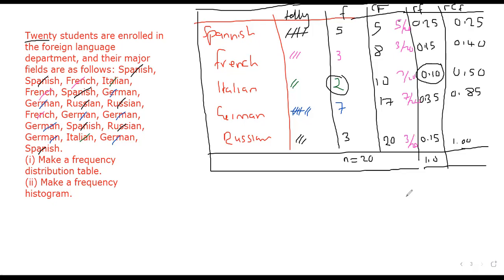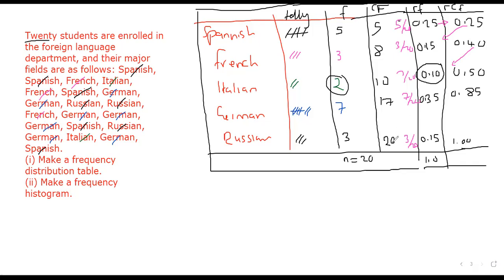Okay, maybe just go through how to do the relative cumulative frequency again. You can do it in two ways. You take this one there and add 0.25 plus 0.15, 0.4. 0.4 plus 0.1 is 0.5. 0.5 plus 0.35 is 0.85. 0.85 plus 0.15 is 1.00.